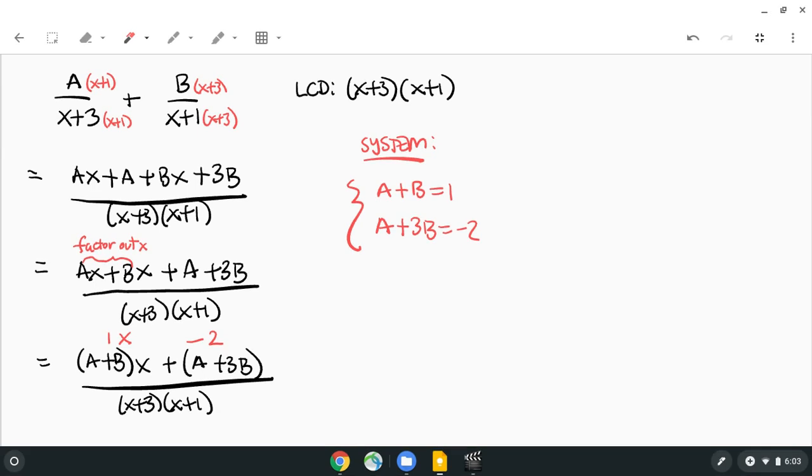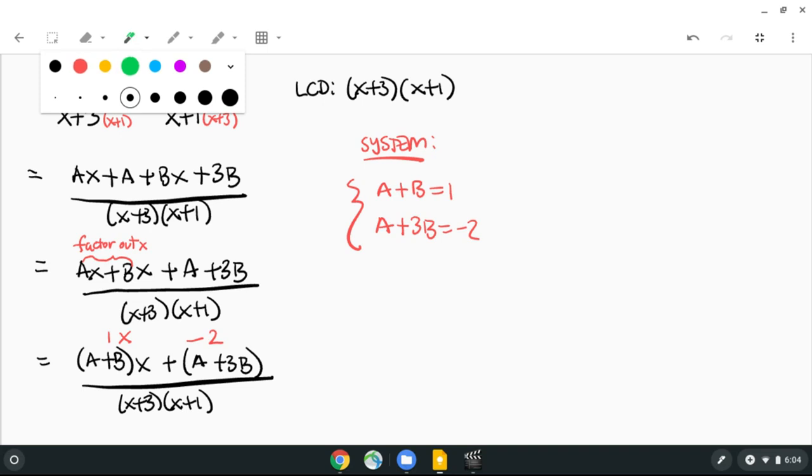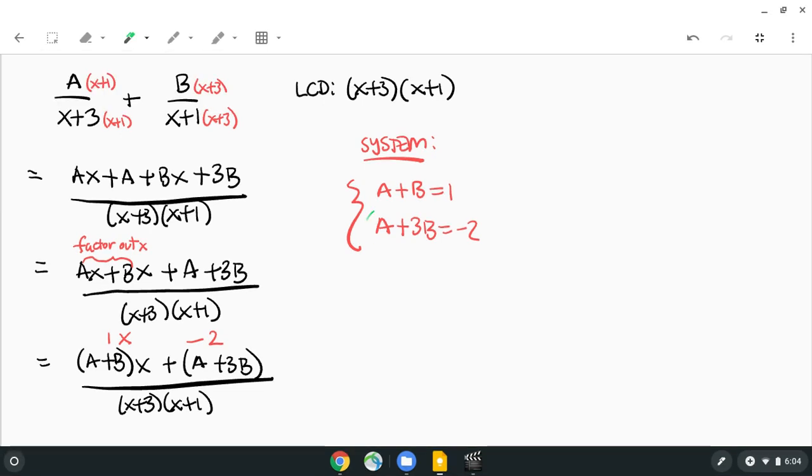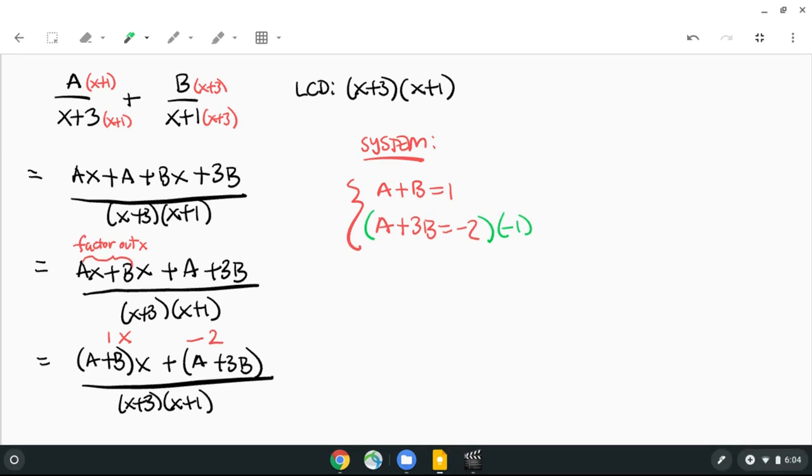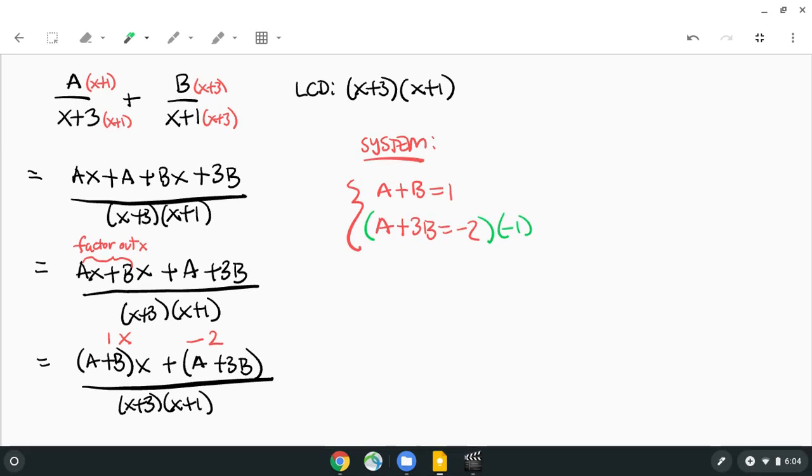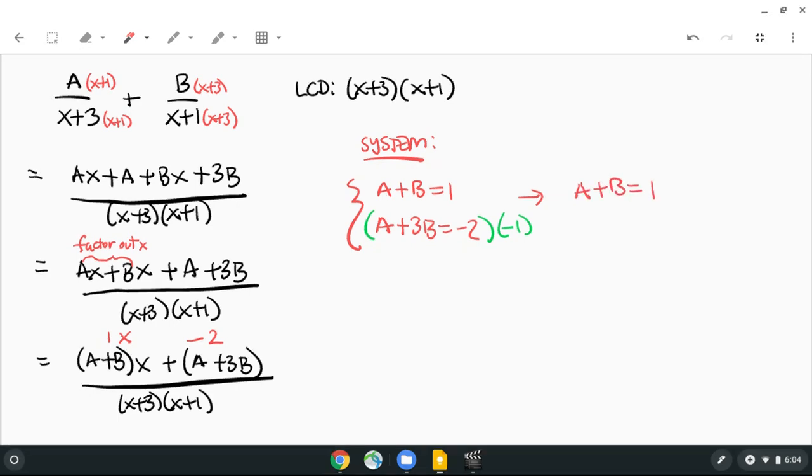All right, so I'm going to use the elimination method. So I will multiply that bottom one by negative 1, and when I do that, I'll get the a's to eliminate. Okay, so this is what we end up with: a plus b equals 1, and negative a minus 3b equals positive 2.